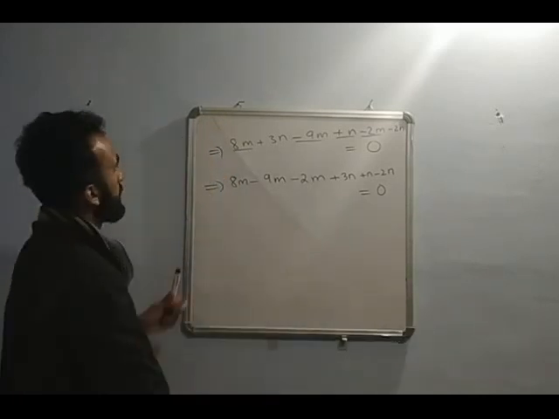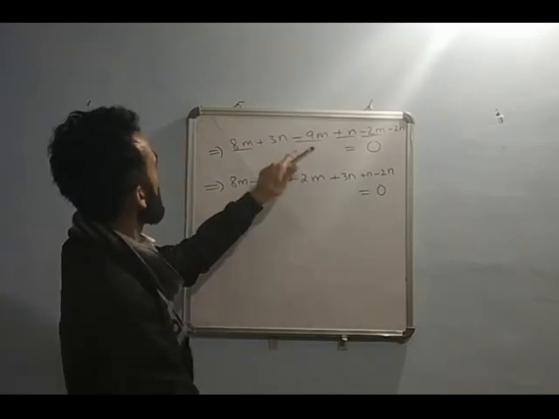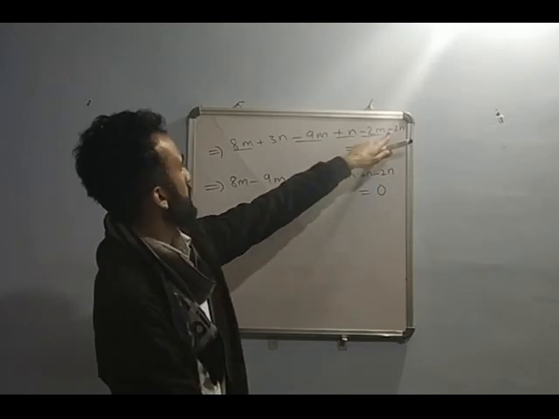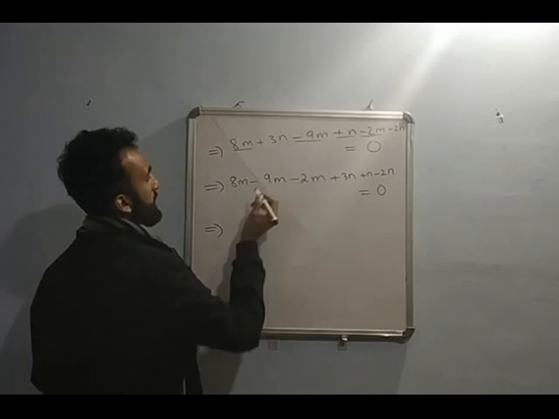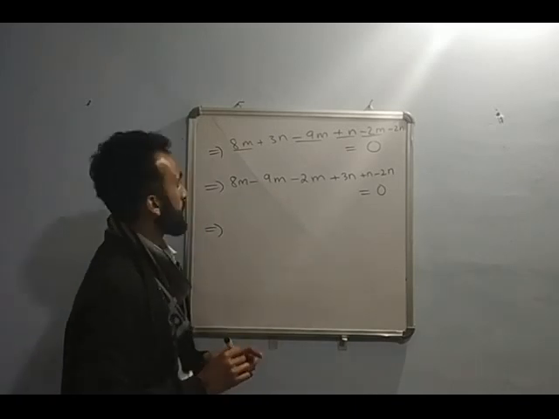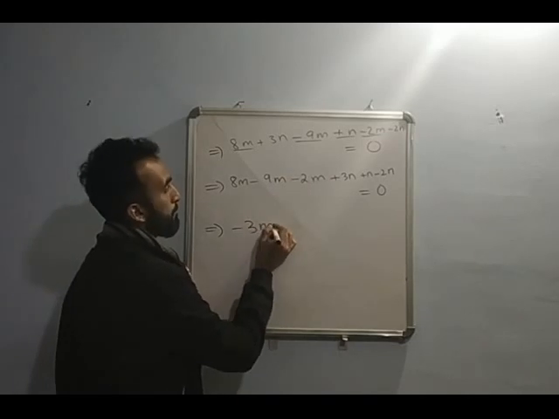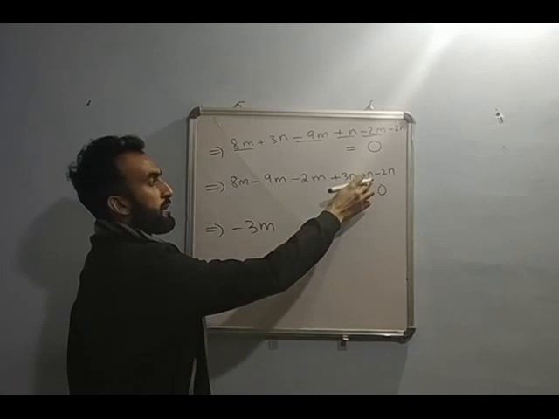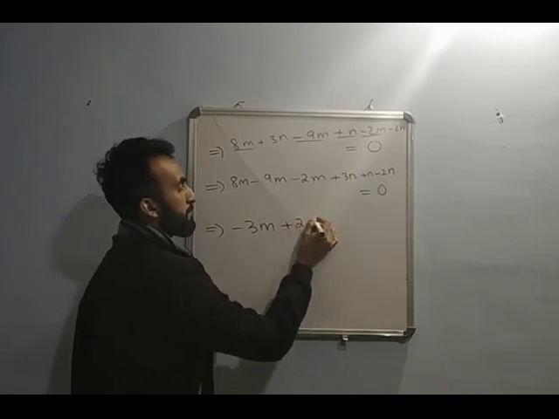I'm not shifting it yet. Let me combine first. 8 minus 9 is minus 1. Minus 1 minus 2 is minus 3m. Plus 3n plus n is plus 4n. Plus 4n minus 2n is plus 2n.